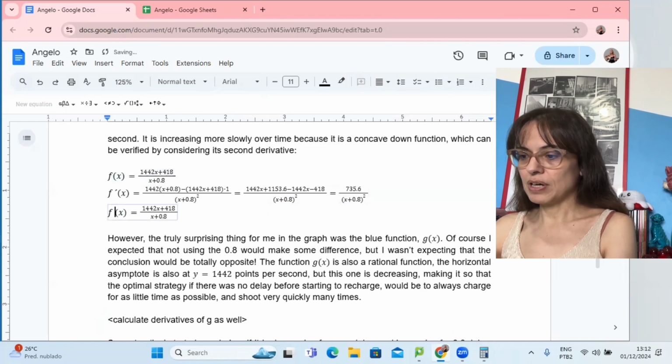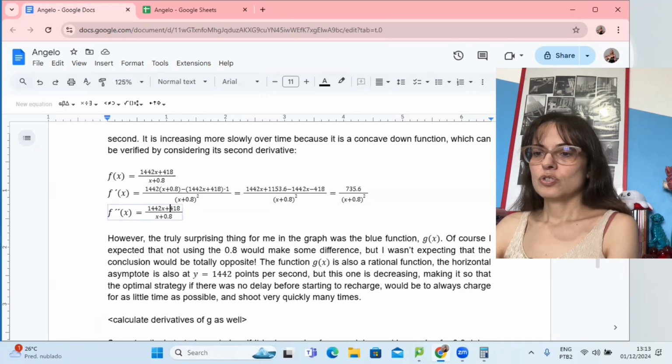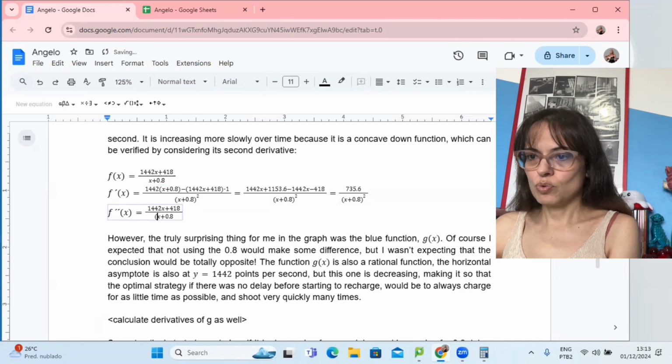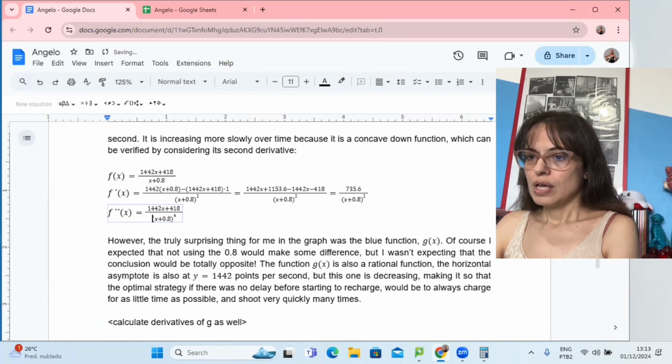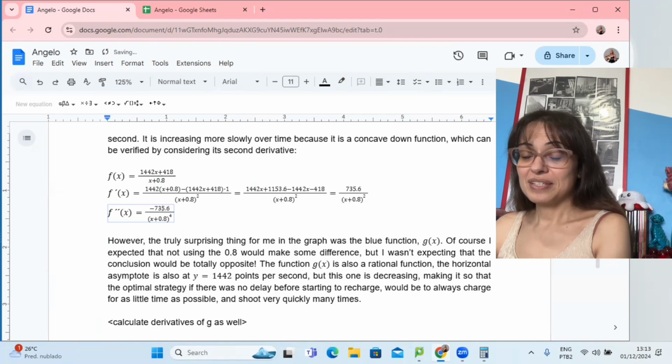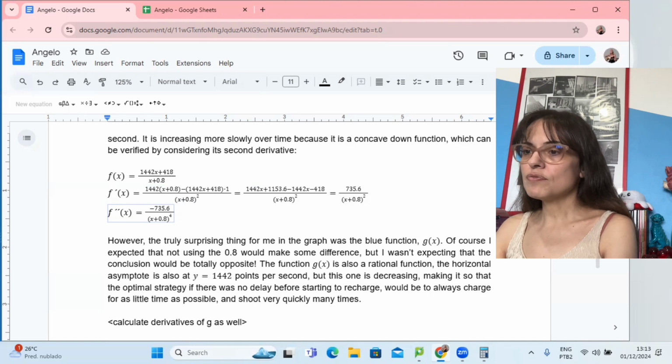that simplifies my calculations. So anyway, it's quotient rule again, but this time the square of the square is going to give me a power of 4. And let's see here. The derivative of the 735.6 is 0, so that part is not there. Then minus the 735.6 times the derivative of the denominator, which has a 2 now because it's a chain rule.